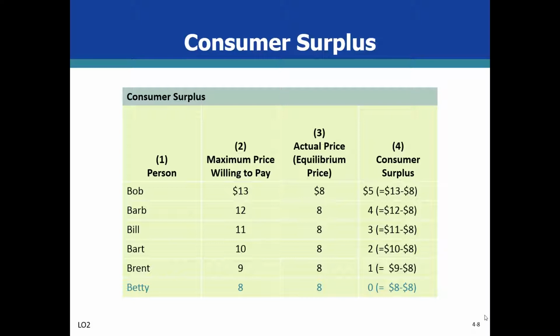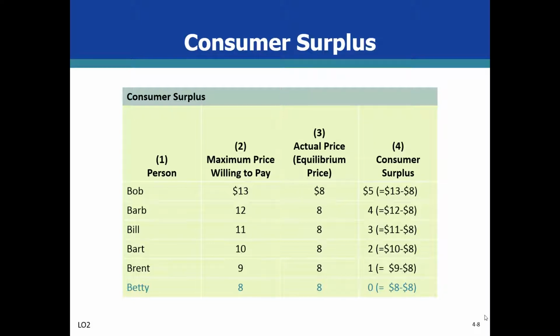So you want to think of each walking into a store. This is the maximum price they're willing to pay based upon their own personal budgets and the opportunity cost of being able to purchase other stuff. And they walk into the store, and each one of them will see an actual price of $8. Some consumers will generate a consumer surplus that you can see in column number 4.